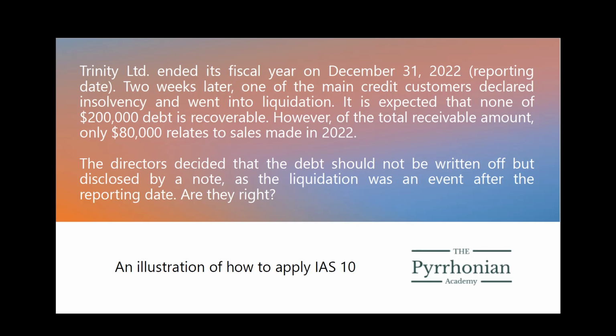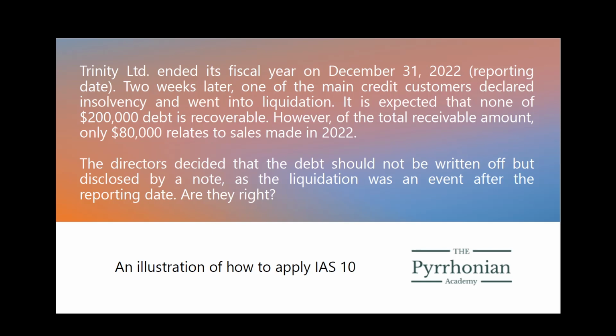And below you are informed that directors decided that this debt should not be written off, so there is no adjustment to the financial statements, but it is disclosed by a note, because they decided that the liquidation was an event after the reporting date. So they decided that if it is an event after the reporting date, then they shouldn't adjust their financial statements. And the question is, are they right?